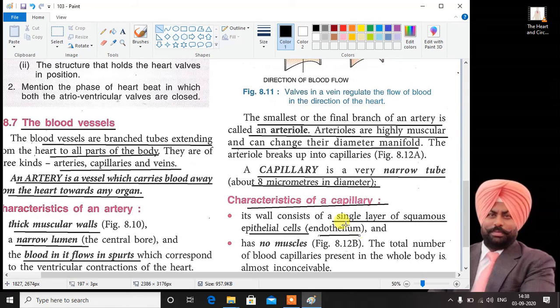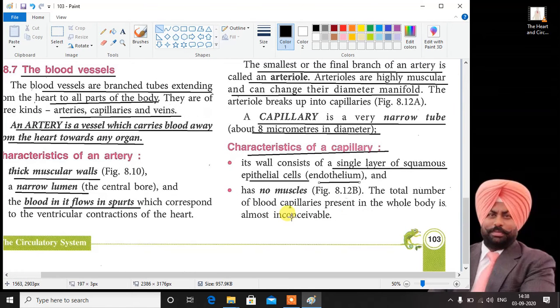Therefore, we can say these capillary blood vessels have walls made up of endothelium. The second characteristic is that the capillaries do not have muscular walls.